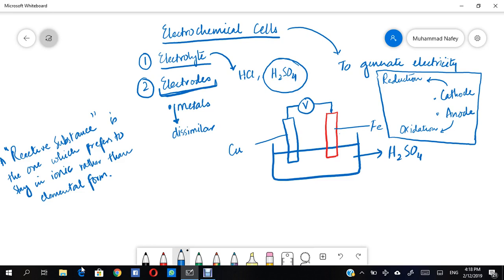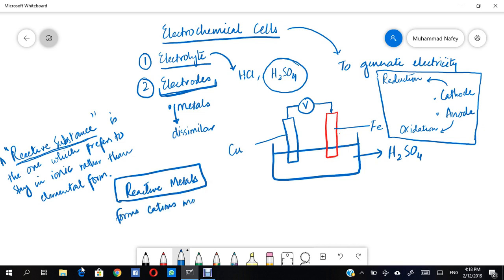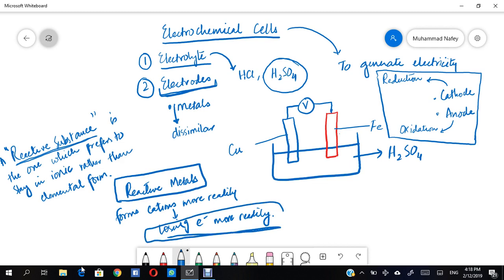So a reactive metal will be a metal which forms cations more readily, and in order to do that, it must be losing electrons more readily. And we know that loss of electrons is oxidation.